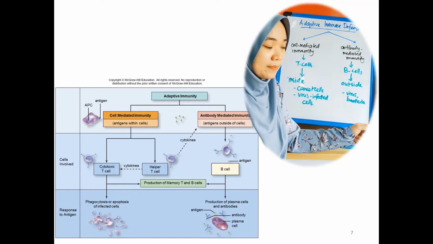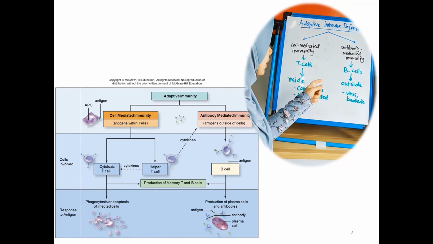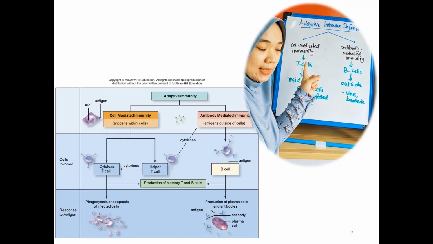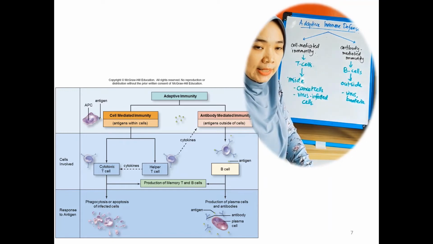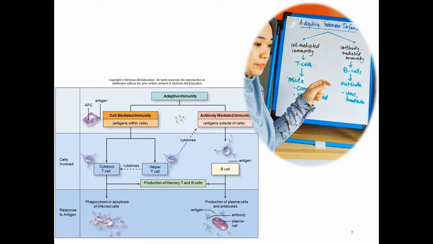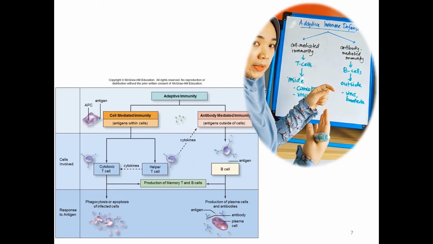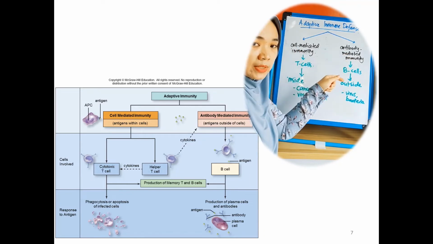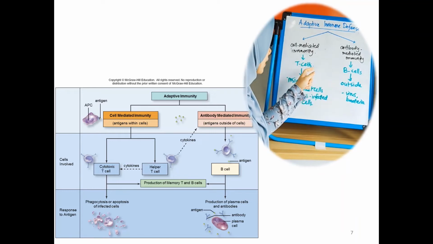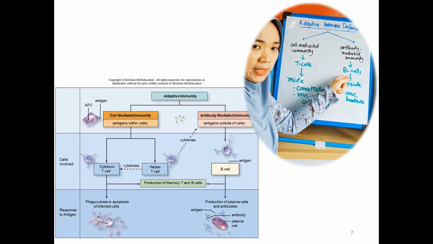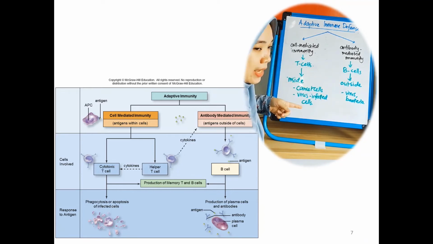That is important. Okay, so we have three differences between cell-mediated and antibody-mediated immunity. In terms of the process, the one that takes part is the cell, while this one is antibody produced by plasma cells. The lymphocyte involved is the T cell, while this one is the B cell. And also the type of antigen they target.